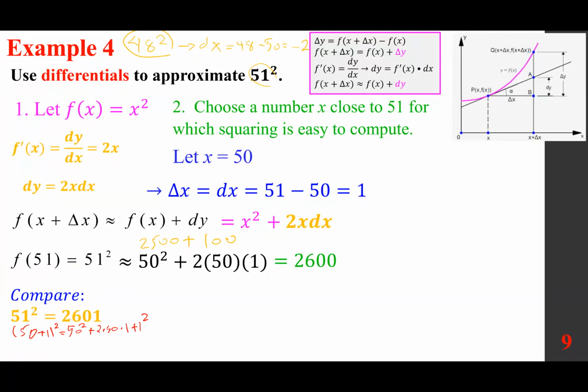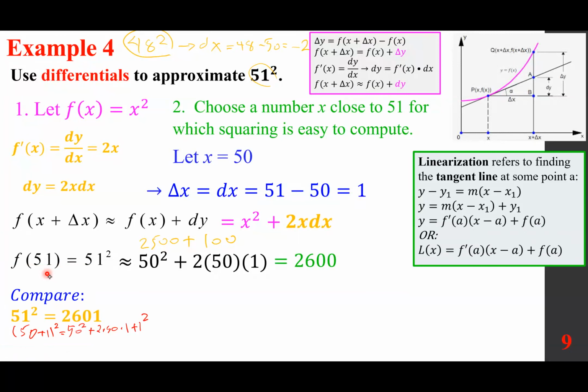It can be done in your head, fairly simple. It's not a big deal. A plus b squared, I hope you remember. We can go with the linearization. That's another process which must give you exactly the same answer. So what it means is you don't have to memorize any of them. Just go with this.